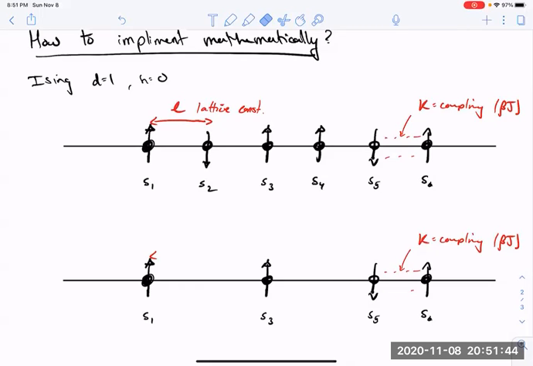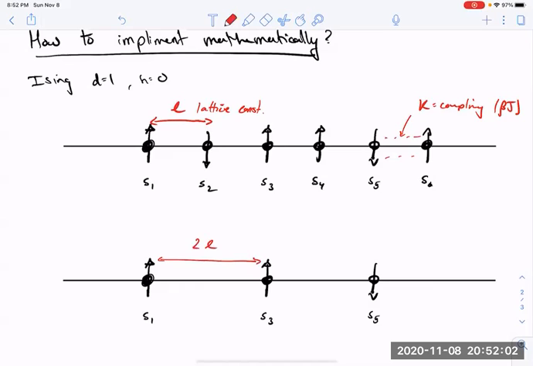So I'll choose to integrate out the even spins. If I could work out that operation, I would be left with a system that now looks like the Ising model again. I have spins on a line, but now they are a little bit further apart. Now they're twice the lattice constant apart.